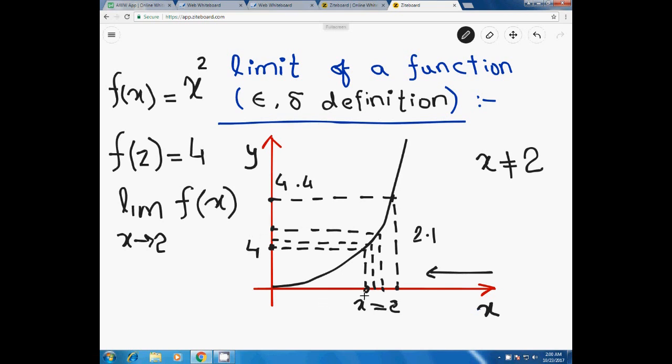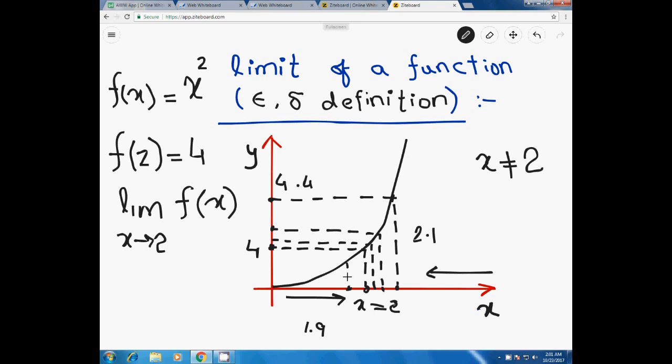Now we will check the behavior of this function when we come close to x is equal to 2 from the left hand side, from this side. Let us come at this point, and let this point be x is equal to 1.9.